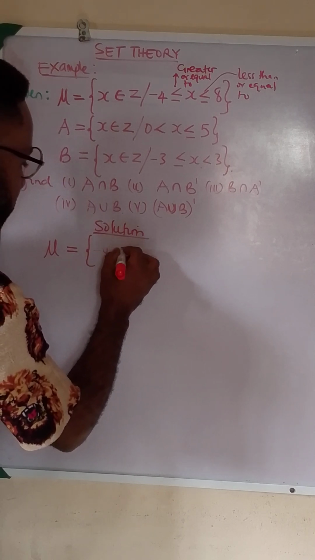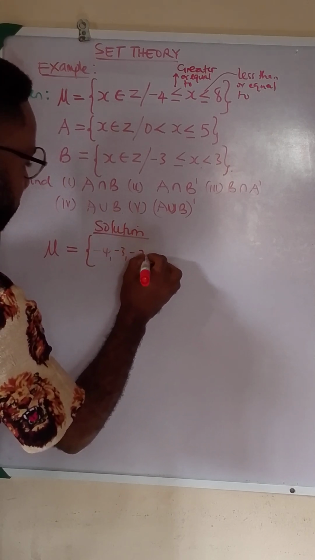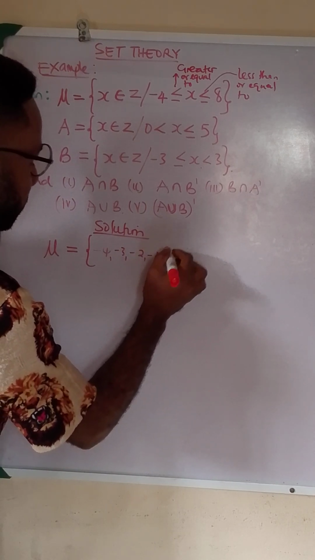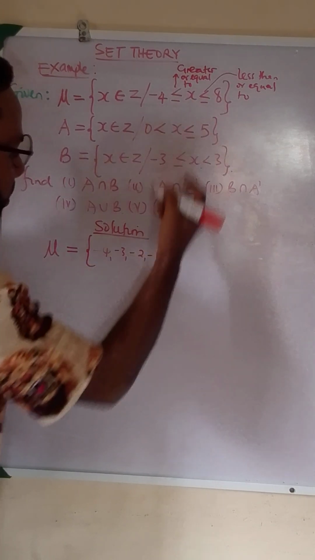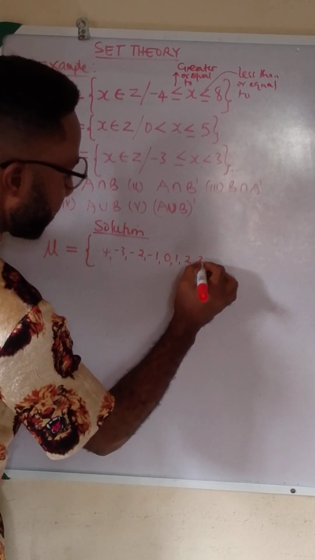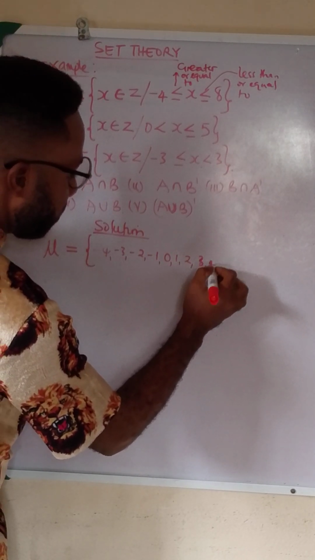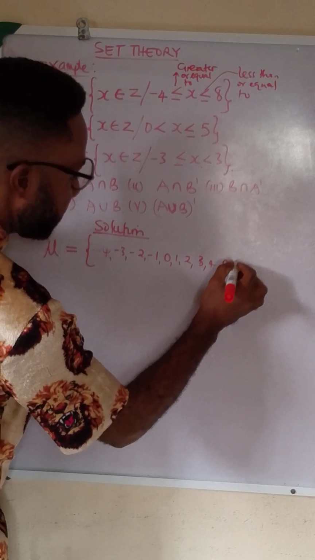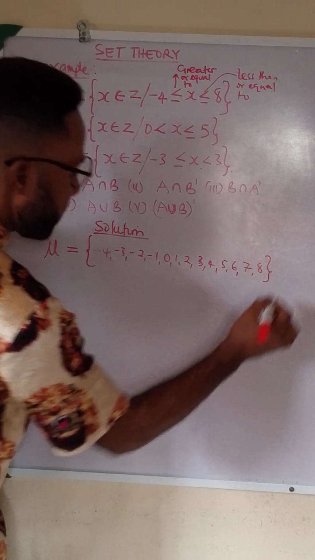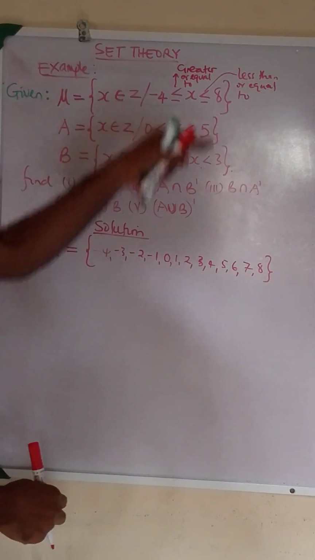The next will be -3, -2, -1, 0. And then this one is less than or equal to 8. So we have 1, 2, 3, 4, 5, 6, 7, 8. We stop here because they said it's less than or equal to 8.